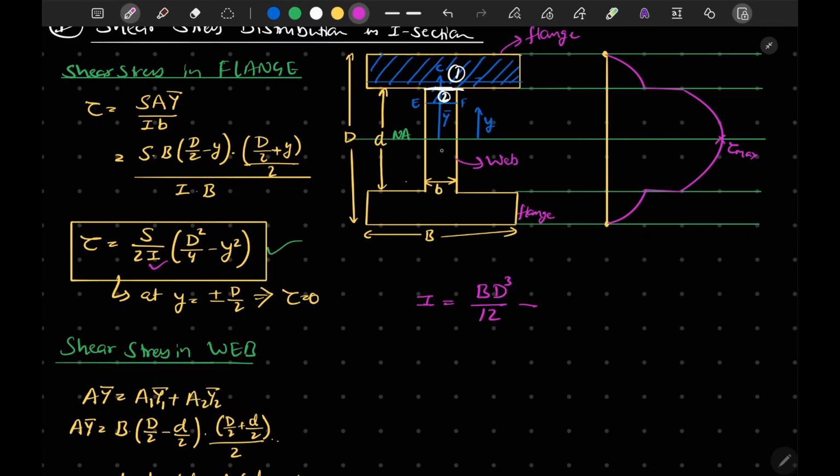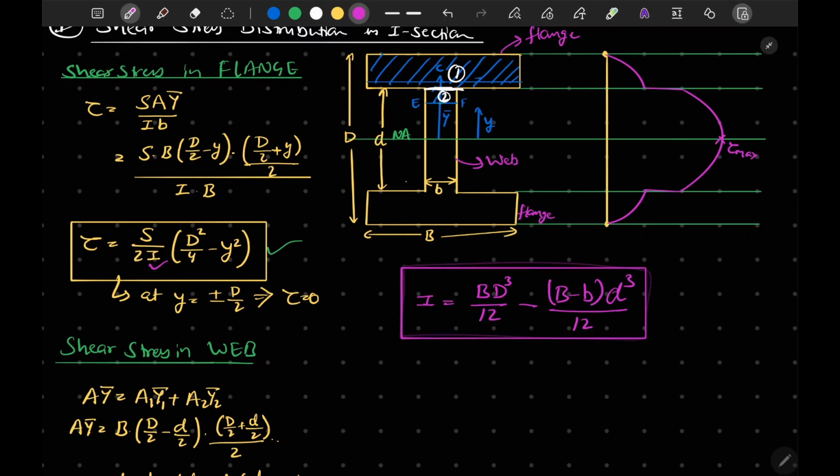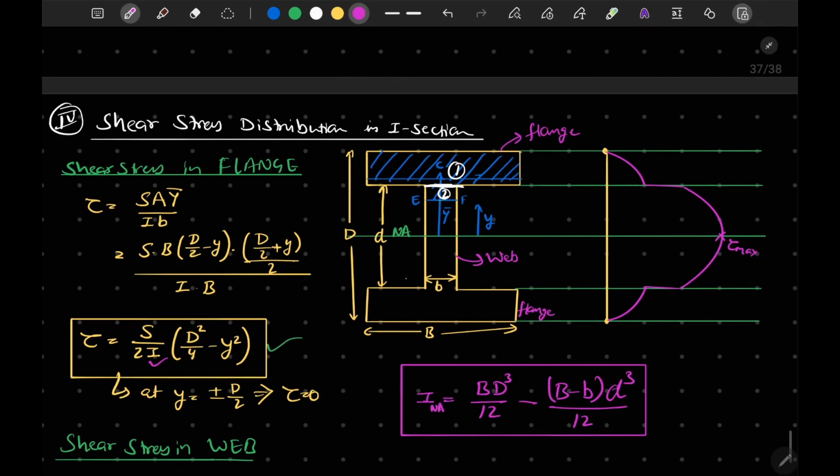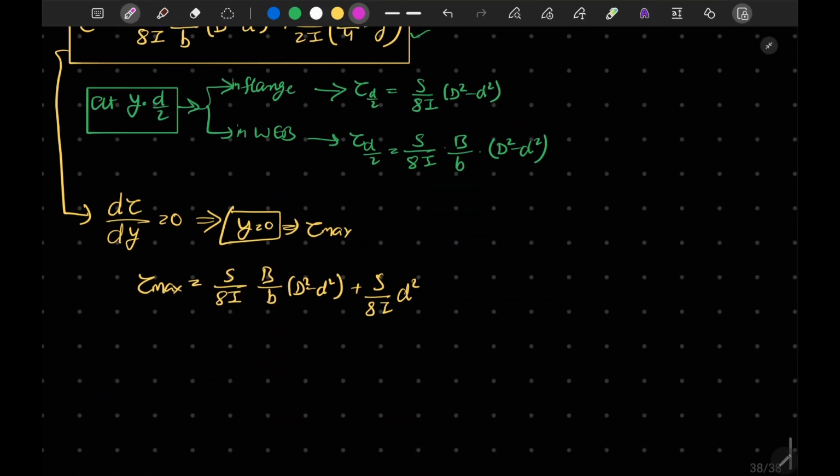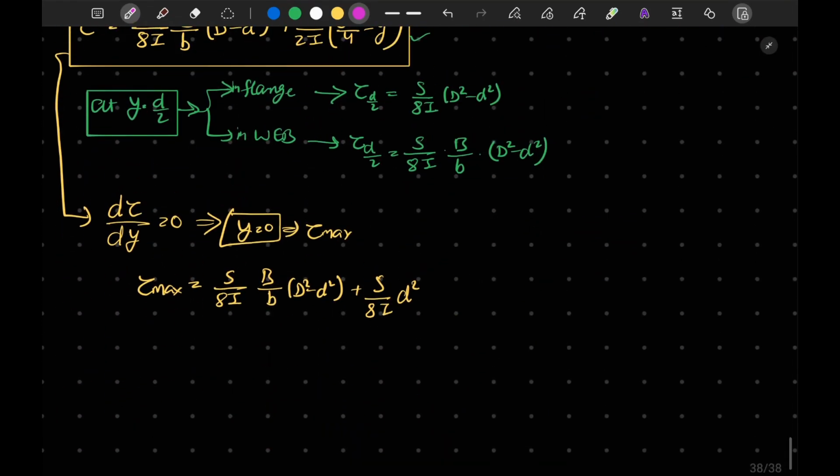So I will take the width as capital B minus small b, and depth is small d, cubed by 12. So this is our moment of inertia about the neutral axis for I section. In a similar way we can calculate shear stress values and draw the shear distribution for different sections.